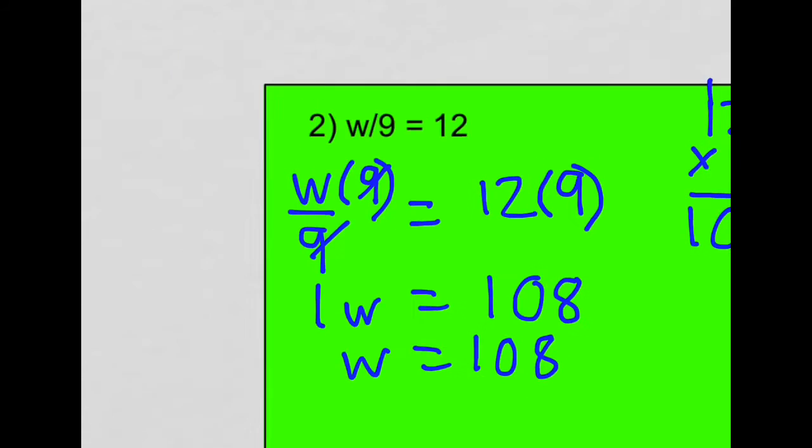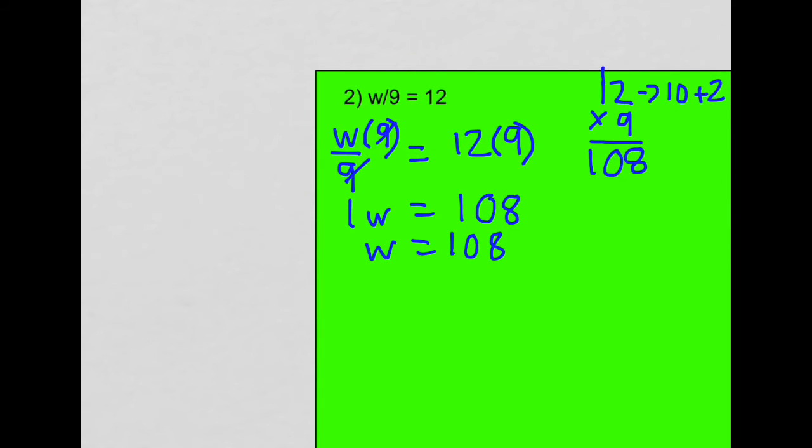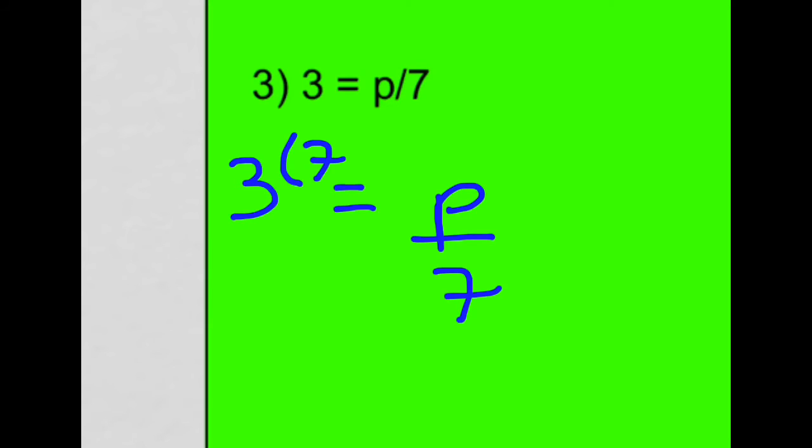Let's look at another question. Same idea here, except the variable's on the other side of the equal sign. 3 equals P divided by 7. Find the variable. In this case, the variable is P. On that side of the equal sign, it's P divided by 7. The opposite of divide by 7, multiply by 7.